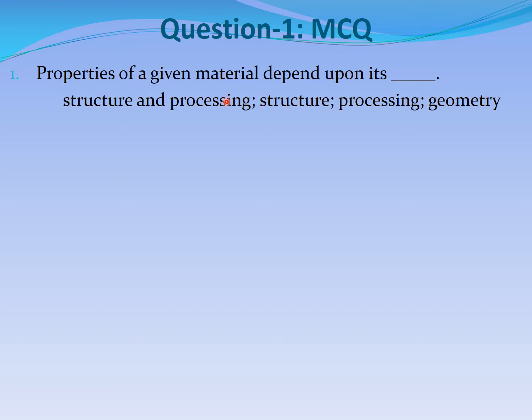So of course you know that geometry is not material data. Geometry is only design dependent. As long as the material is dependent, then yes, its structure affects the properties and the manufacturing process affects the properties. So the answer is structure and processing.